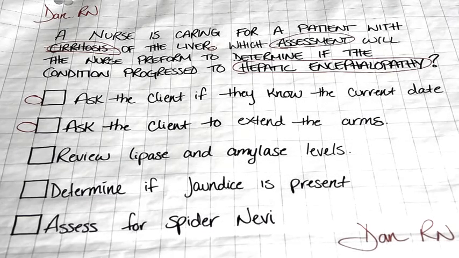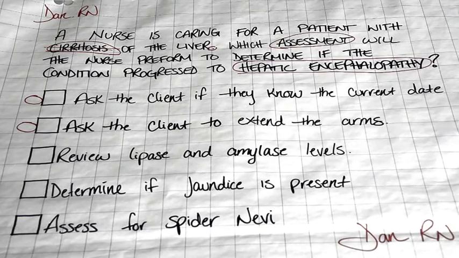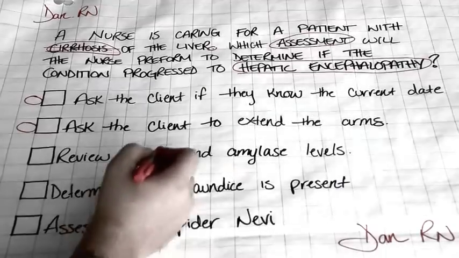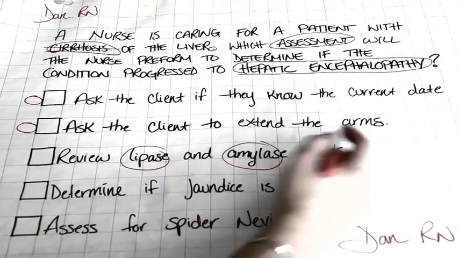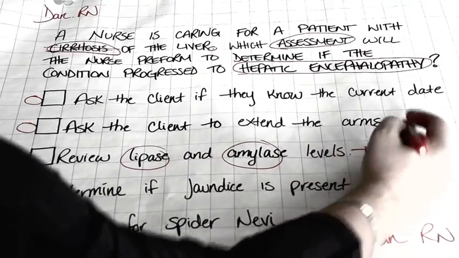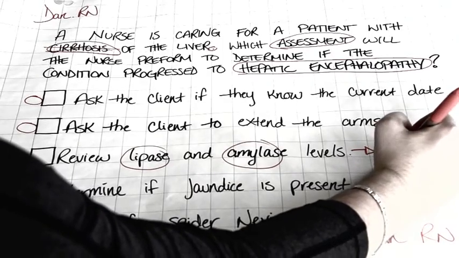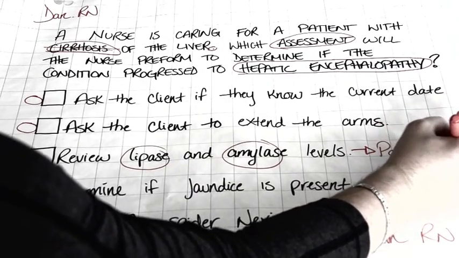The third answer choice is review lipase and amylase levels. Even if you don't know anything about hepatic encephalopathy and you just know that it has to do with the liver, you would know right away that reviewing lipase and amylase would not be an optimal answer, because lipase and amylase are digestive enzymes that come from the pancreas.